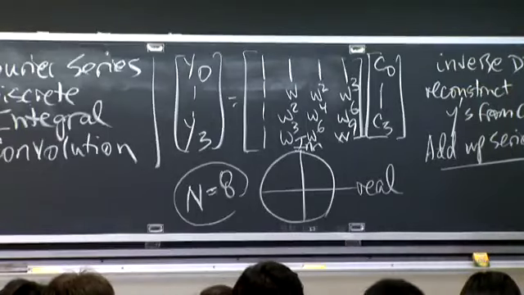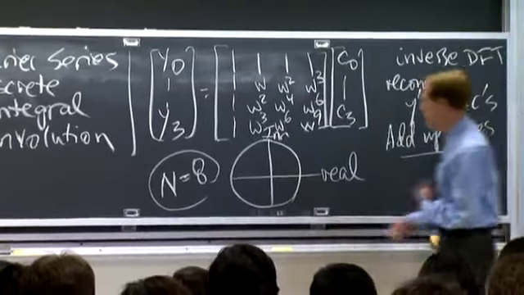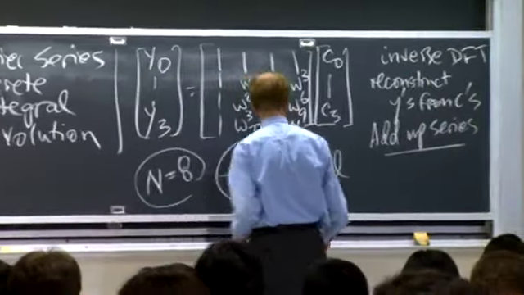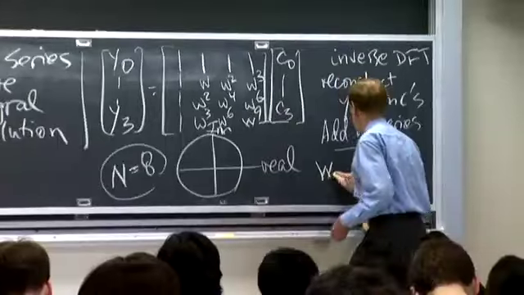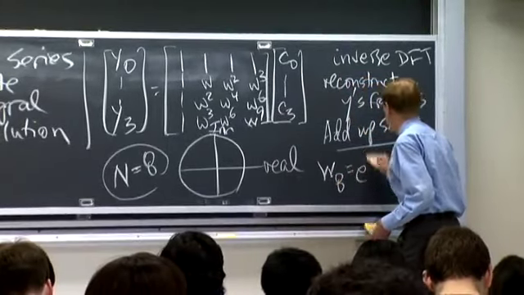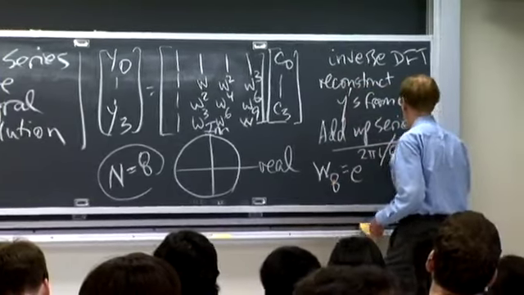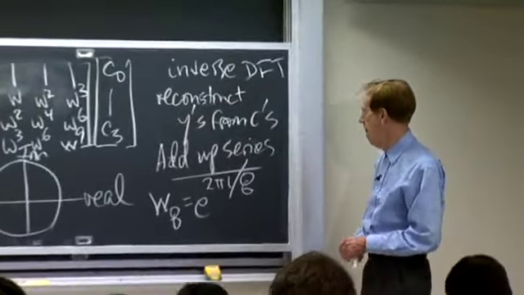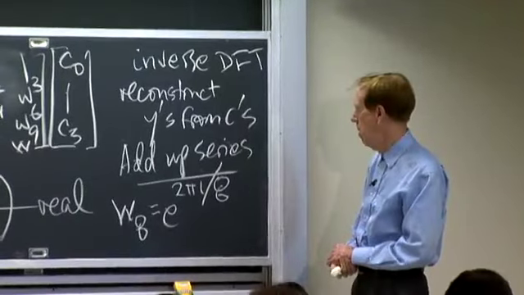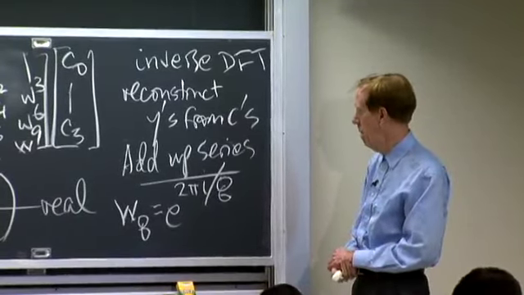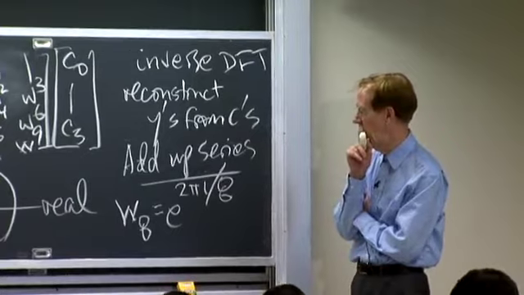If n is 8, where would W8 be? W8 is meant to be e to the 2 pi i over 8. Where's that number in that picture?